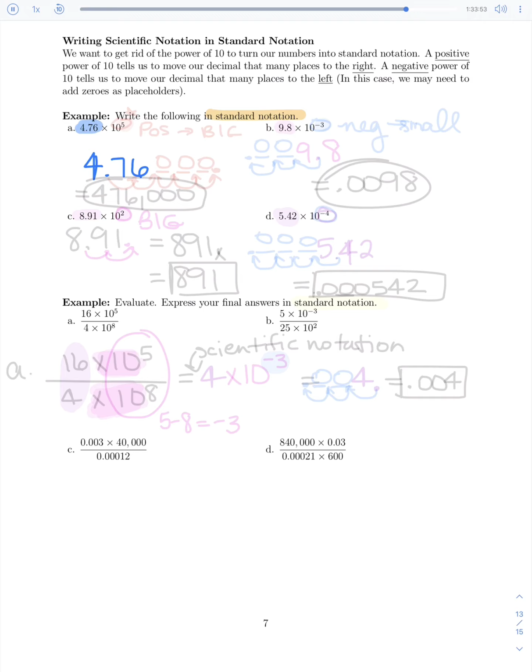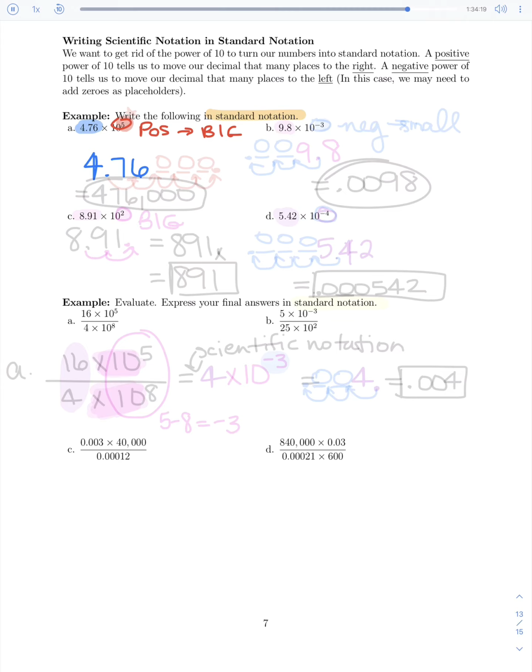The times 10 to the 5th power tells us we need to move our decimal 5 places. The question is which direction? Because the exponent is positive, we should be making our number a big number. How do I make sure that it's a big number? The only way to make my number bigger is if I move my decimal place to the right.